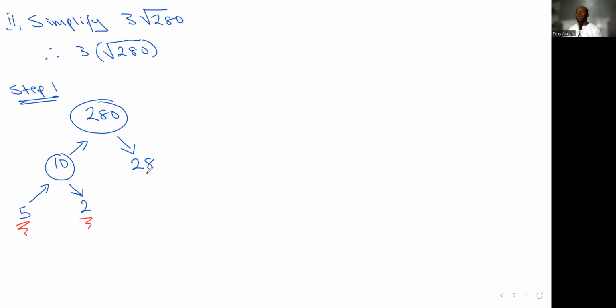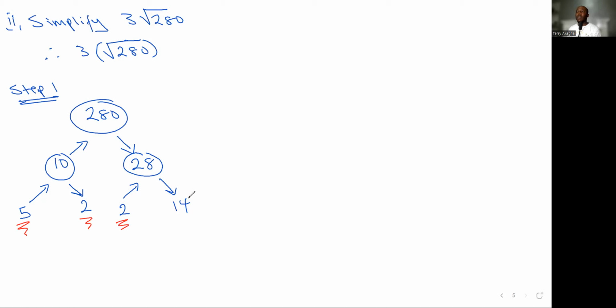The next part, we go back to 28. What can divide 28? We can say 2. Remember, like I said, you can use any number to solve this. So 2 can divide this, and when you divide by 2, you'll be left with 14. Can any number divide 2? Nope. Now let's go to 14.